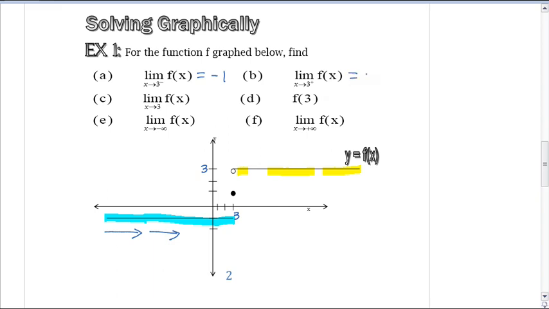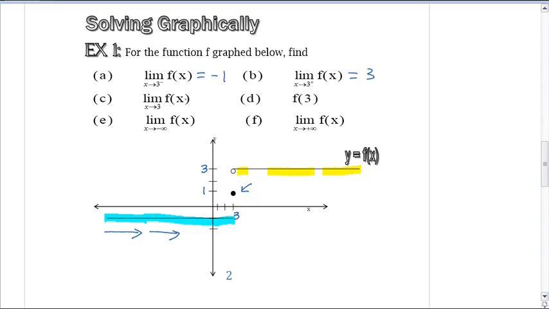Now a lot of you will say, wait a minute, how come it's not +1? Well, the definition of a limit says the intended height of the function. Limits don't care about ordered pairs, points. They just care about the actual function. So it's kind of a distractor for you.